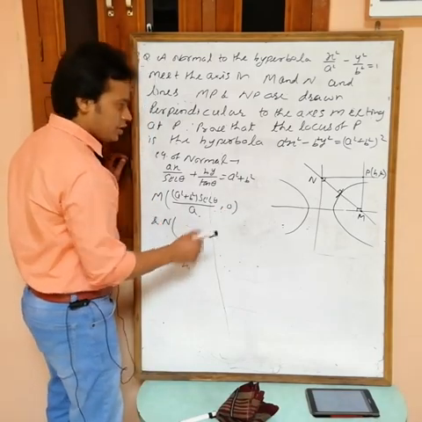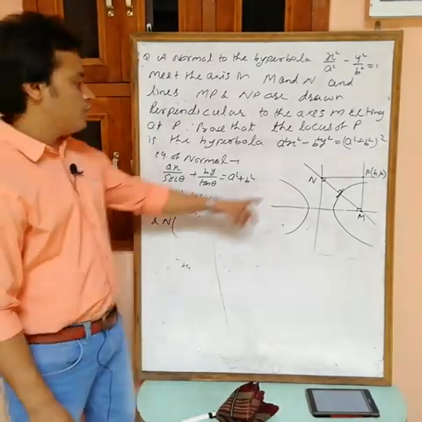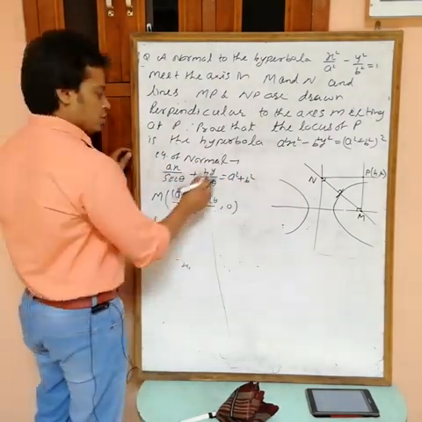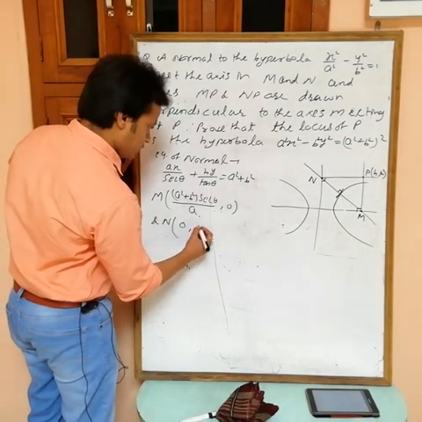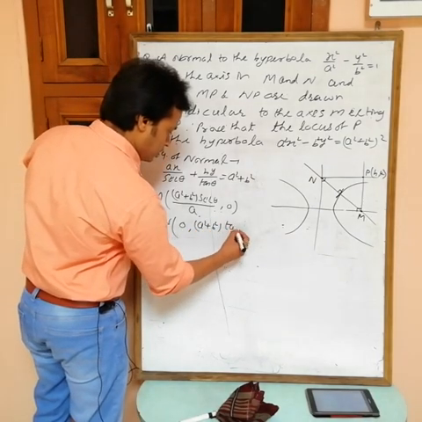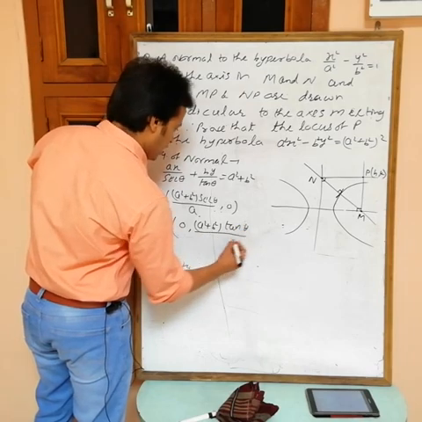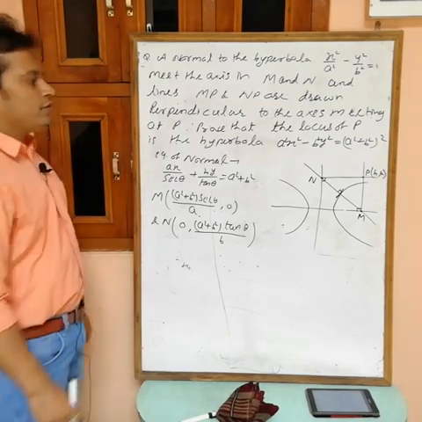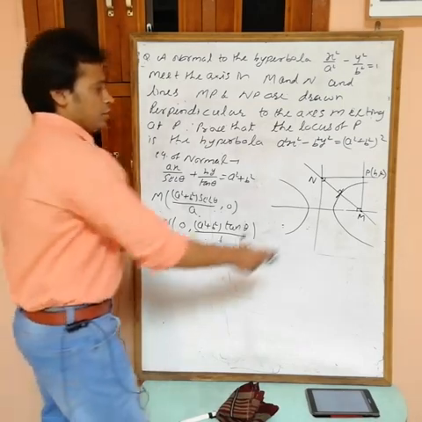And for point N, put x equals 0 because N lies on the y axis. Then you will get the y coordinate as (a square plus b square) into tan theta by b. Now you want a relation between h and k.